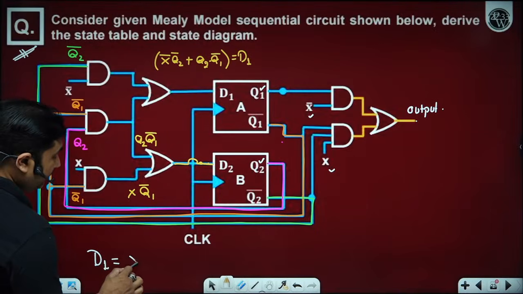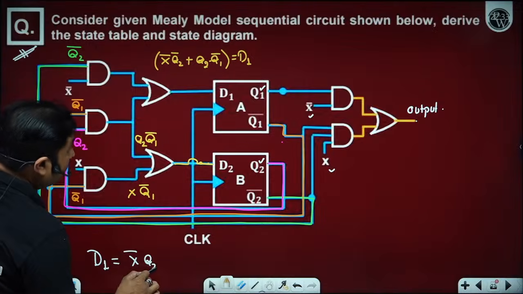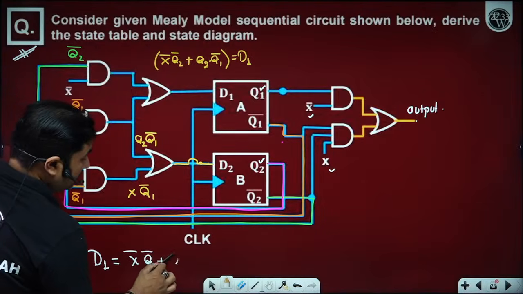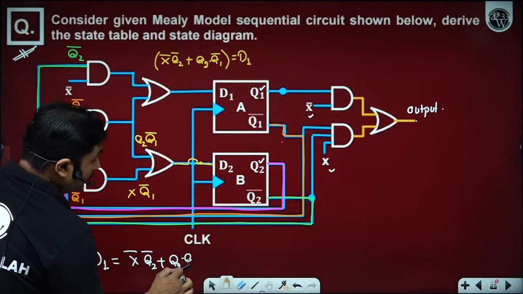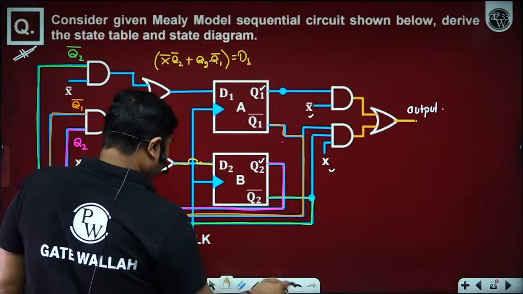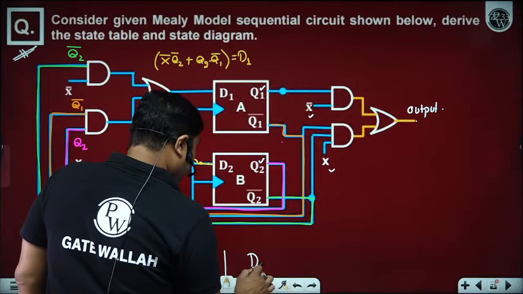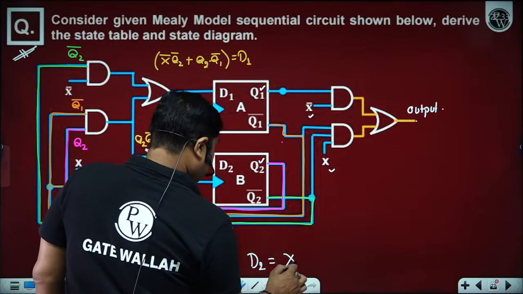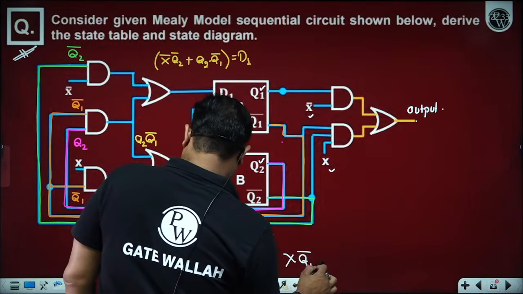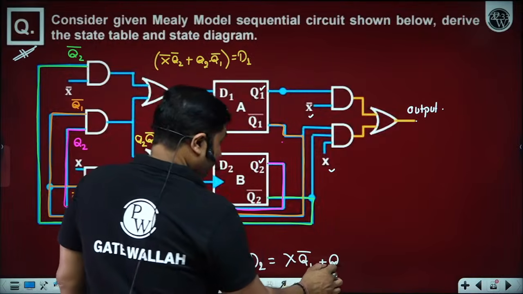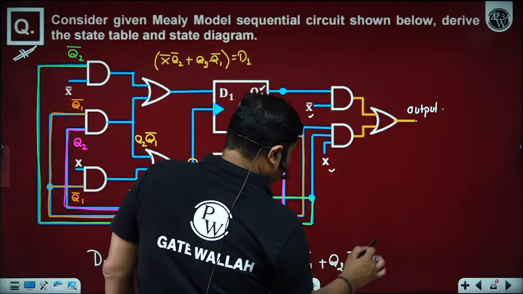D1 is X bar, Q2 bar plus Q2, Q1 complement. And D2 is X Q1 complement plus Q2, Q1 complement.